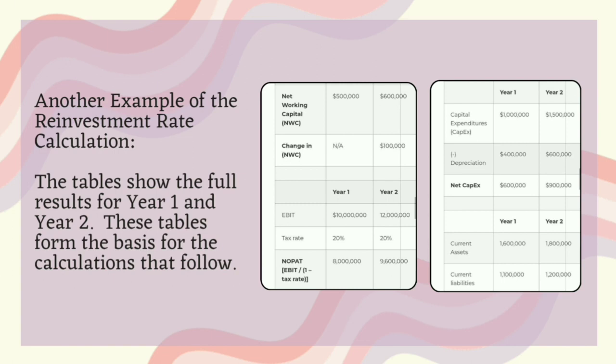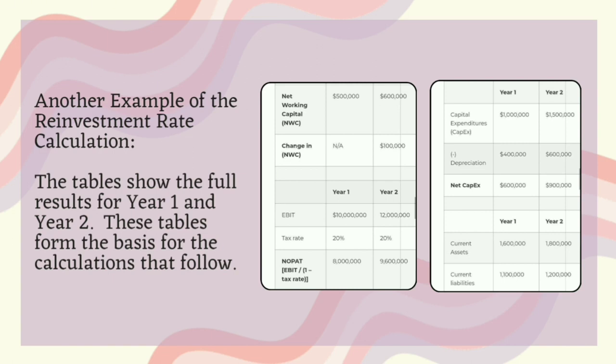Additionally, at the end of year 2, we know that the net working capital is 600,000, which is defined as the current assets of 1.8 million minus the current liabilities of 1.2 million. The change in the net working capital compared to year 1 is 100,000, so we subtract the working capital of year 1 from year 2: 500,000 minus 600,000 leaves 100,000.